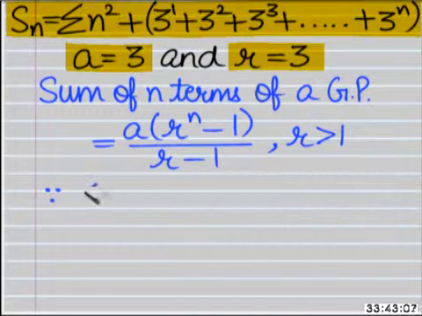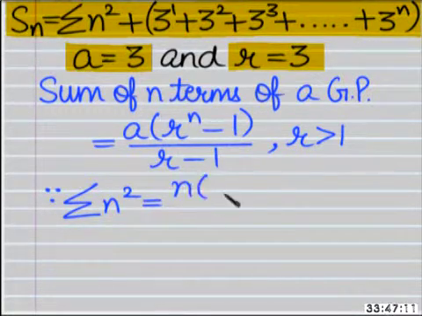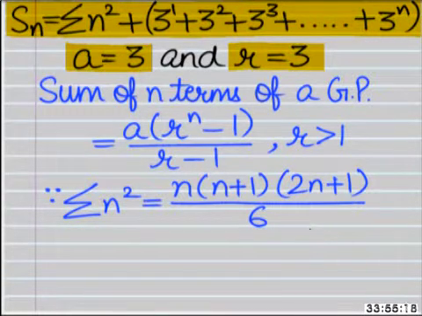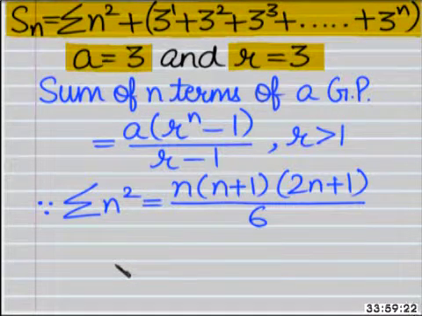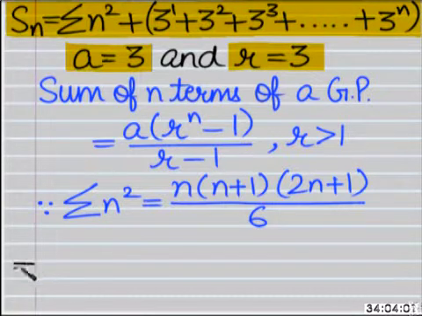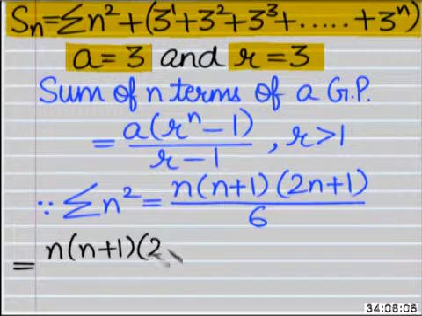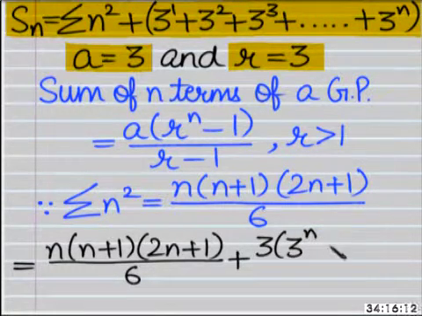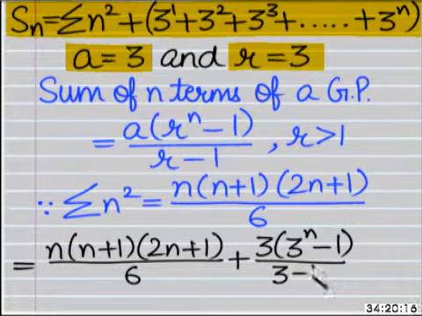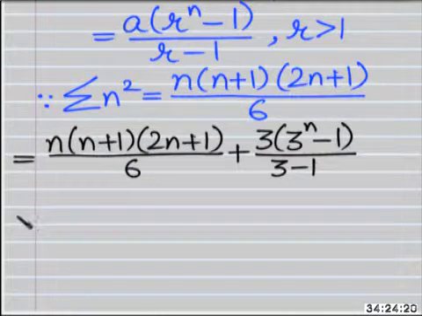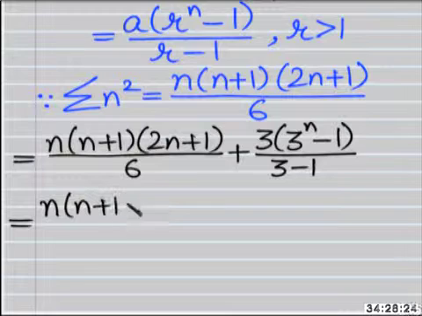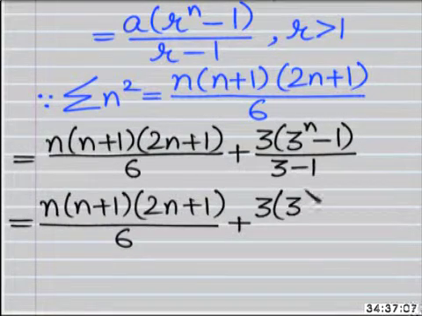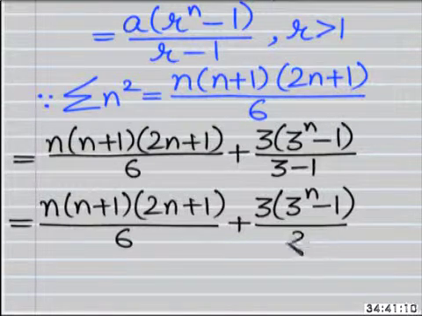Also, because we know that summation of n square is equal to n(n+1)(2n+1)/6, the sum of n terms of the series, that is Sn, is equal to n(n+1)(2n+1)/6 + 3(3^n − 1)/(3 − 1), which is further equal to n(n+1)(2n+1)/6 + 3(3^n − 1)/2.